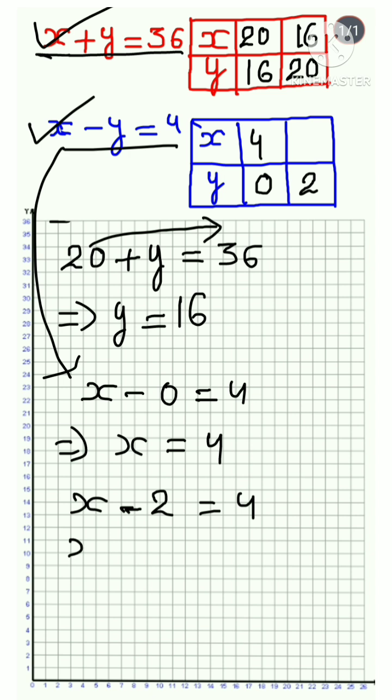The minus 2 goes to RHS and will be added to 4, then we will get the value of x is 6. Now we have to plot these points on the graph.